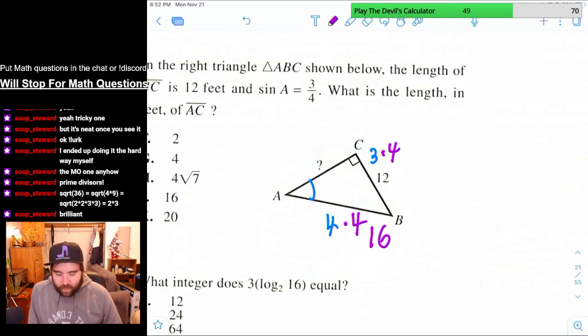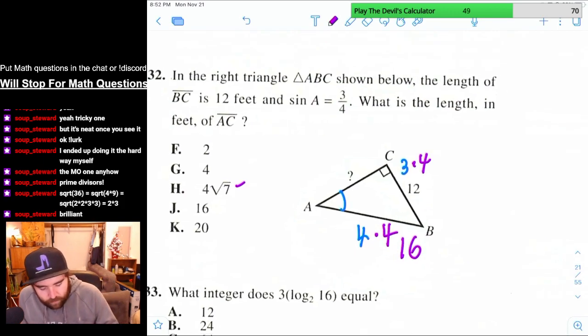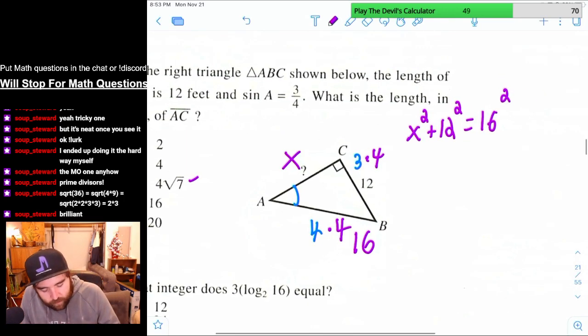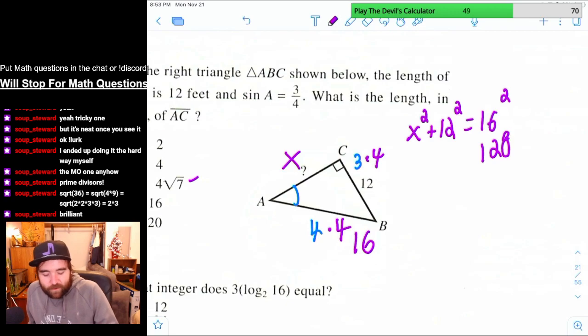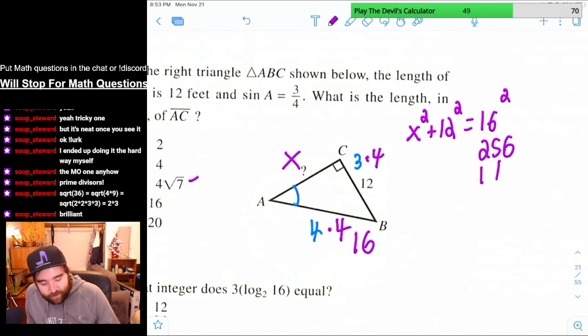And then if you know that that side is 16, I would just use Pythagorean theorem to find the other side. I'd take a guess that it's h, because it seems like it's going to have a square root. Because now if I call that x, it's going to be x squared plus 12 squared equals 16 squared. So then, what's 16 squared? 256. 12 squared is 144.